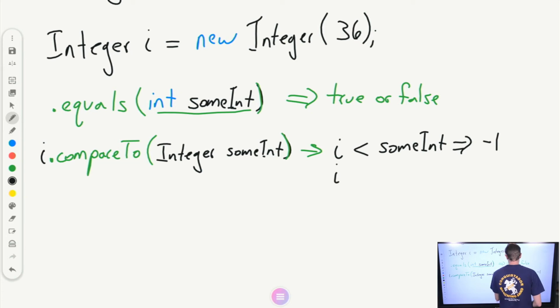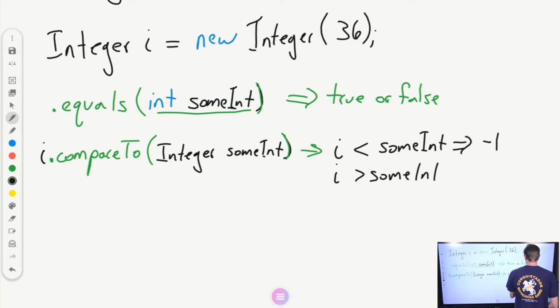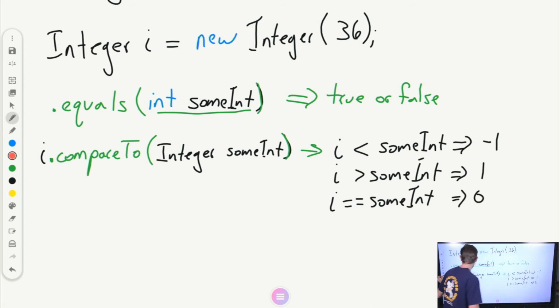If i is greater than someInt, it returns 1. And if i equals someInt, it's going to return 0. We'll talk about why I use double equals here in the next unit. So i.compareTo(Integer someInt).